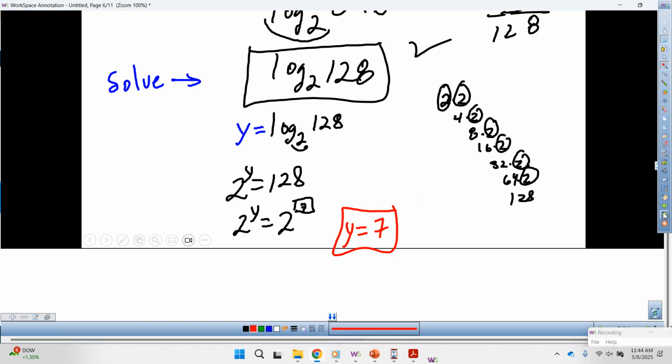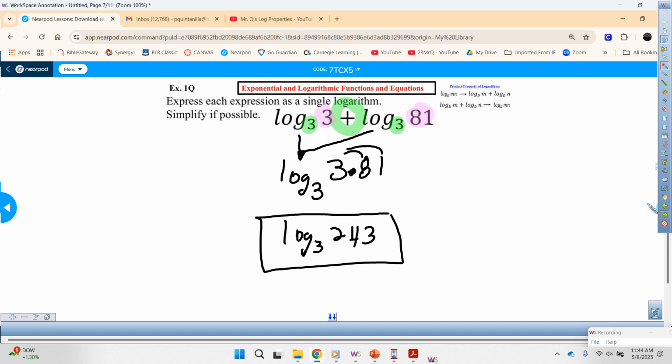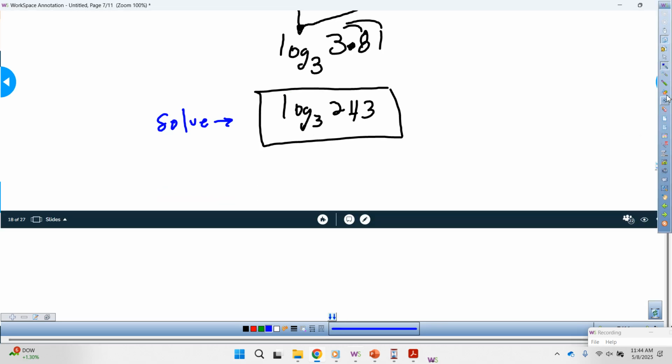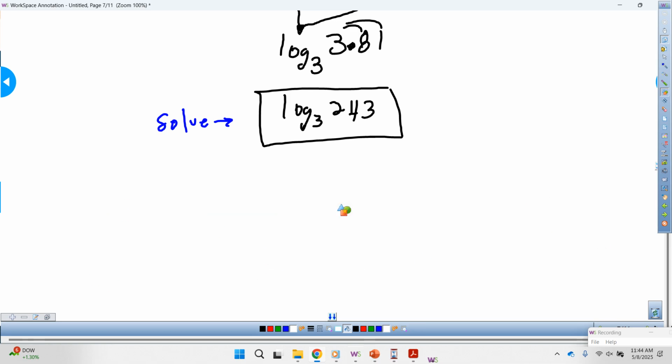All right, let's go to the next one. Example 1Q. I want you to write next to that, solve. So what's the first thing we do to solve?